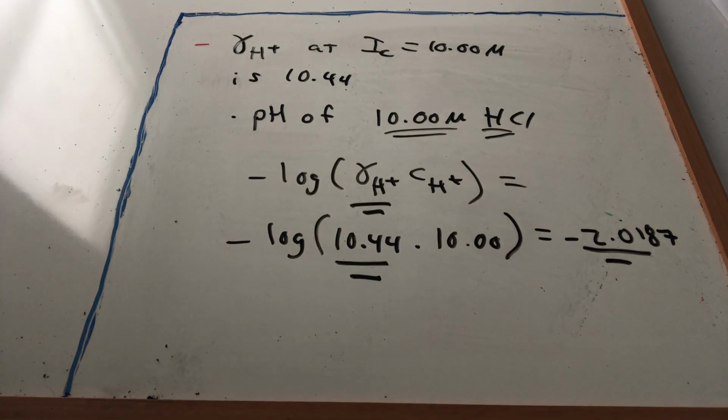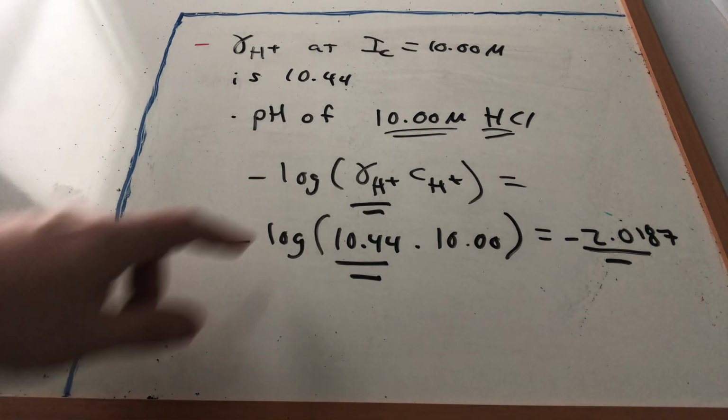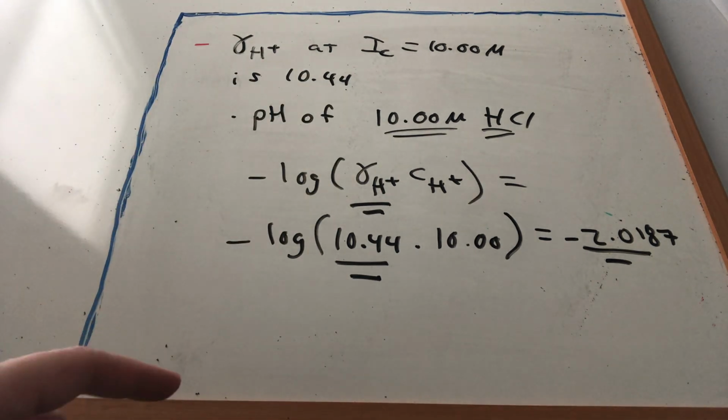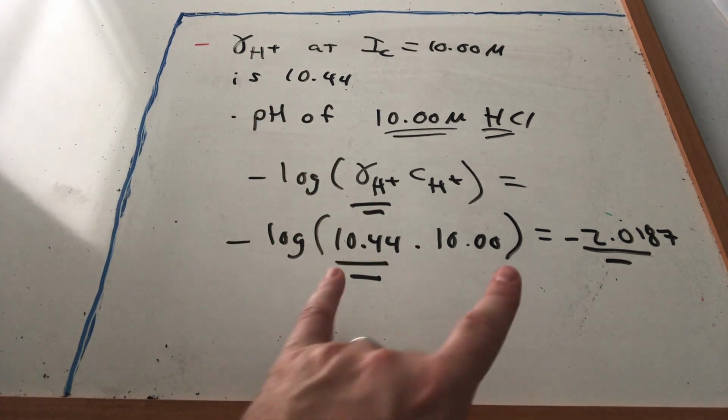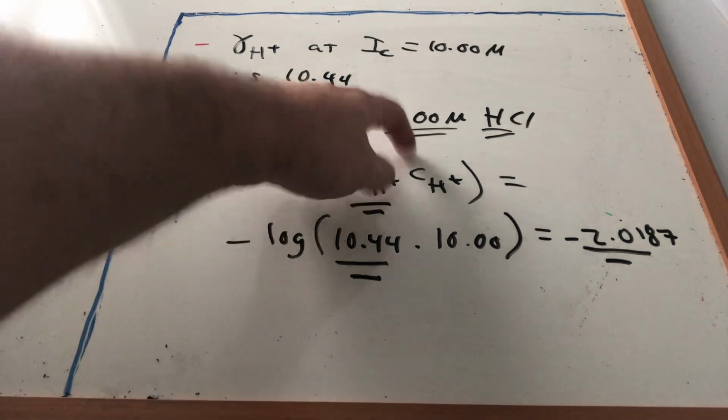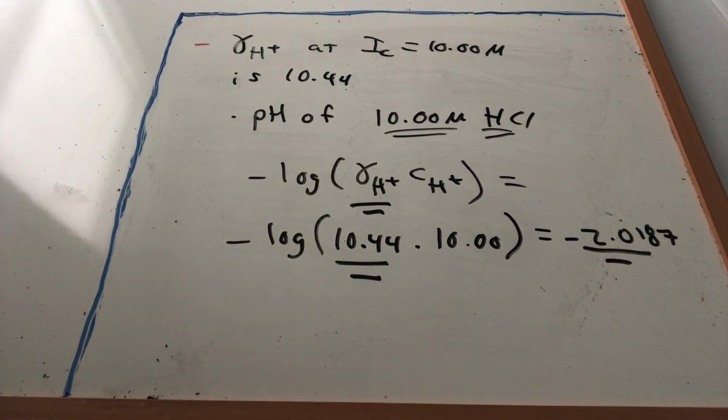We're finding a gamma based off of the physical process that's being enacted. This gamma came from an experiment in this case. We include that gamma to get an activity instead of just a concentration, and what we see is an actual pH that we will be able to record for that situation instead of an approximate pH just based off of concentration.